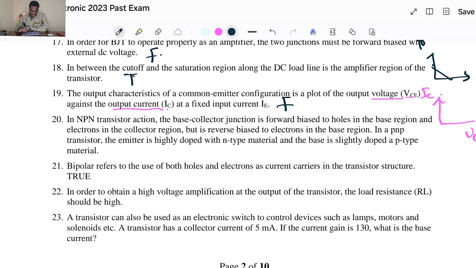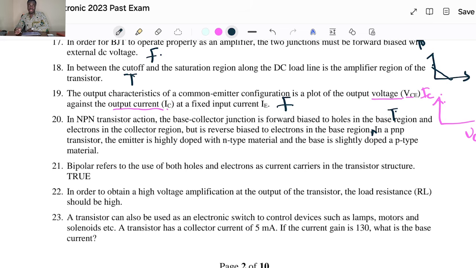Question 20. In NPN transistor action, the base collector is forward biased to the holes in the base region and electrons in the collector region, but it's reverse biased to electrons in the base region, right? This one is kind of like, I think there's a mistake with this question. Probably, I don't know whether it has been changed, but the first part is what we are interested in, right? The first part, this is going to be true.